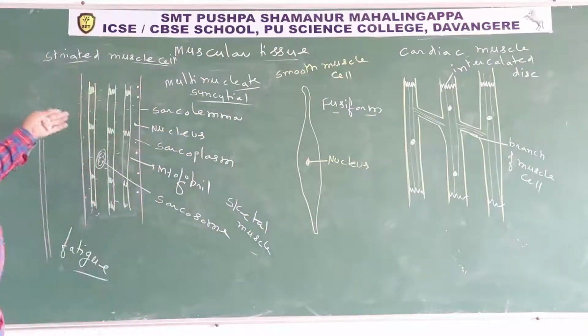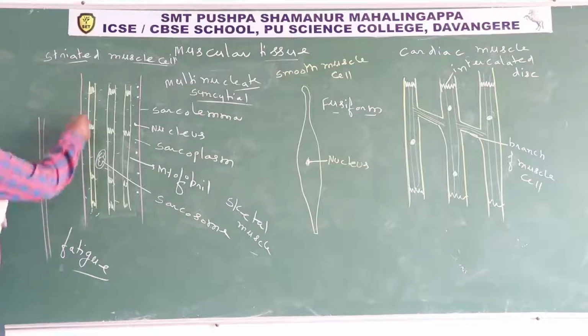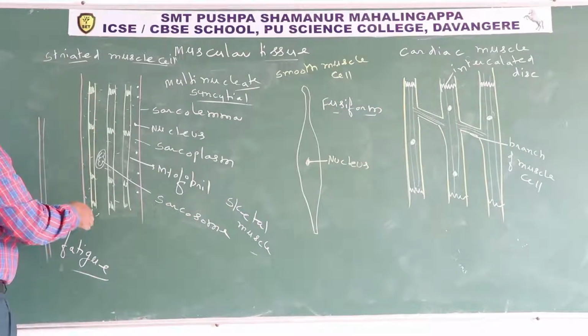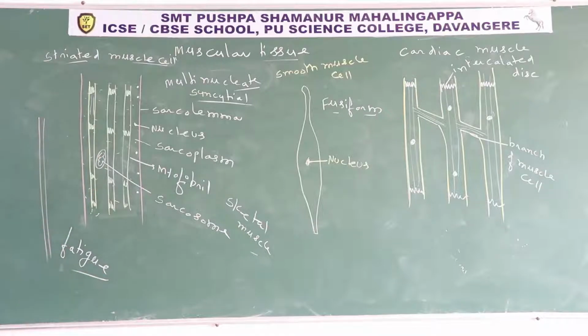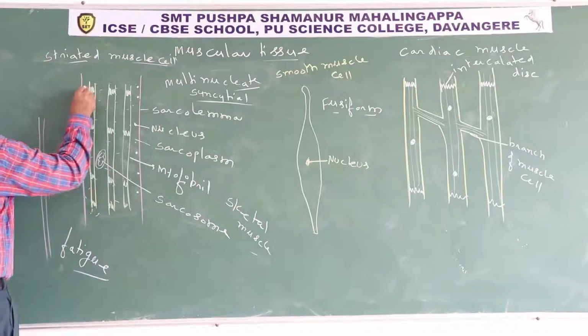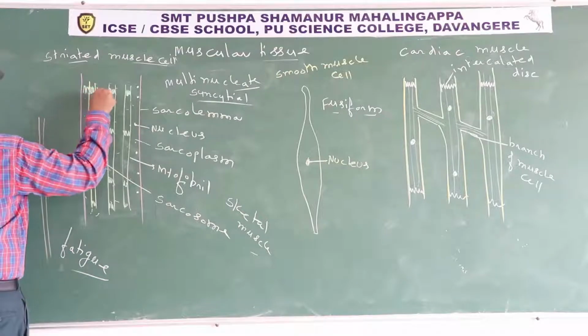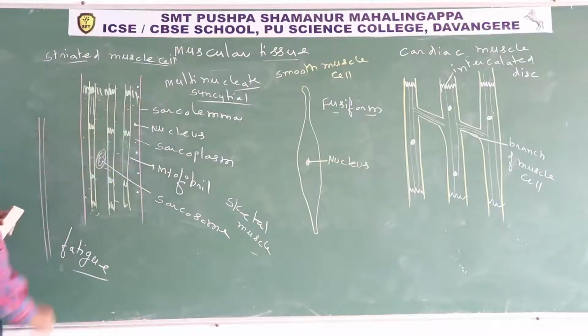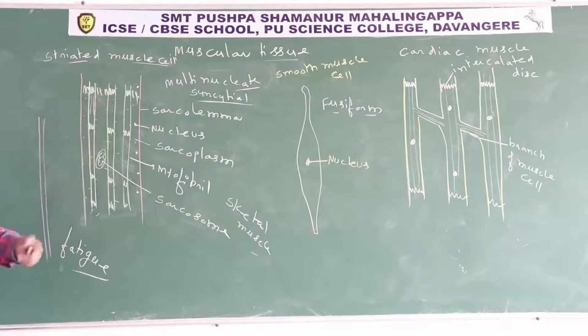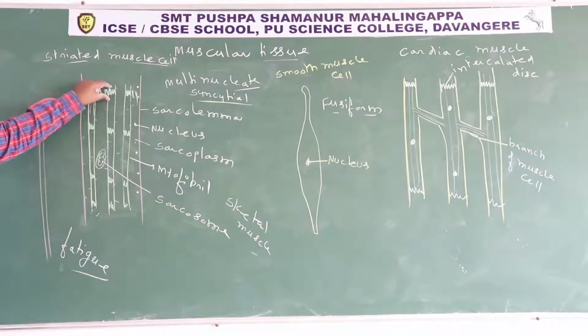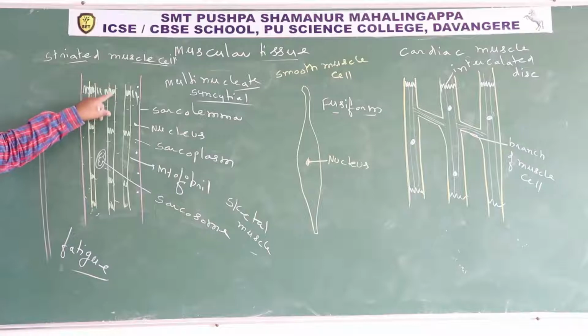For example, here it is a striated muscle. Myofibril contains myosin filaments and actin filaments. All myosin filaments coincide and appear as a line, a striation. The number of striations depends upon the number of A bands. What is an A band? The part of the myofibril containing myosin myofilaments is the A band. The part containing actin filaments is the I band.